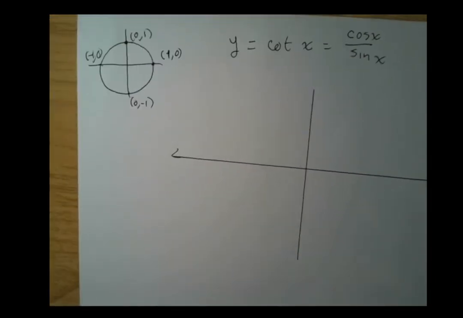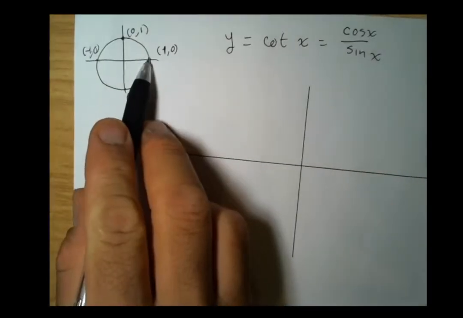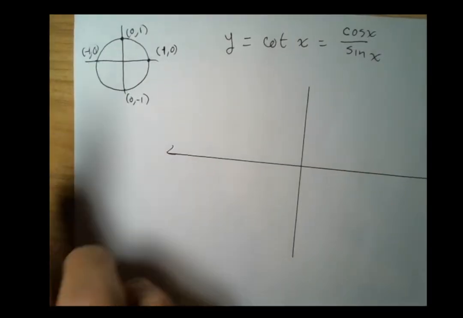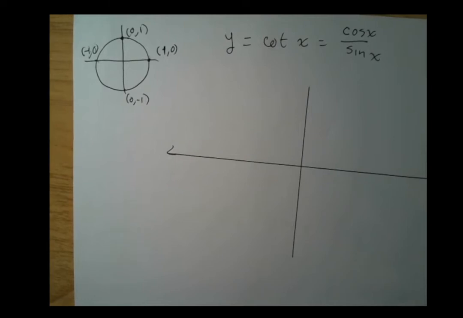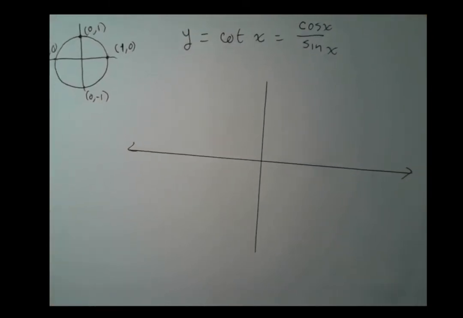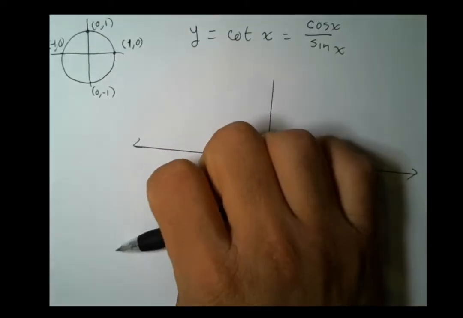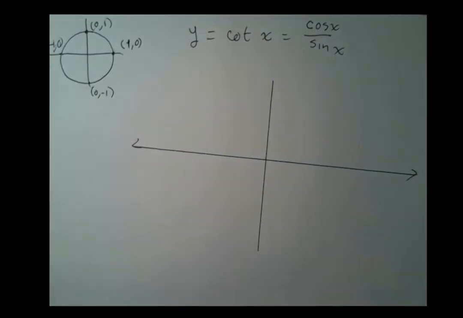Again, the period is pi, so if we can determine what happens between 0 and pi, the rest just repeats itself. Here we literally flipped the equation. What's going to cause undefined values is whenever the denominator is 0, in this case whenever the sine is 0.